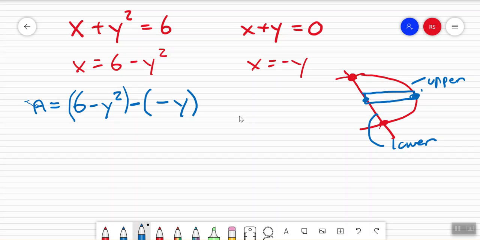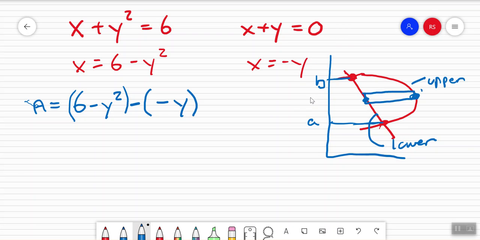Now, the only other thing we need to do is find the bounds of integration, but we want to find the bounds of integration along the y-axis. Okay, the bounds of integration are going to be along the y-axis. This would be my a, and this would be my b, along the y-axis.